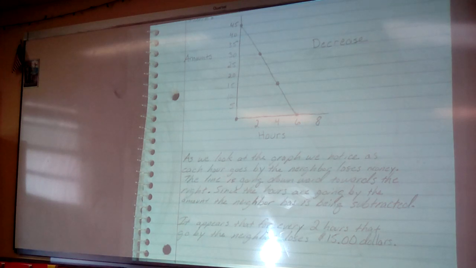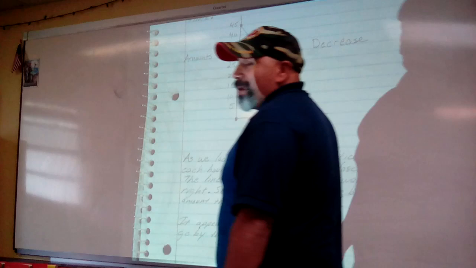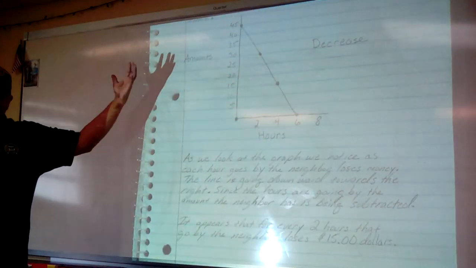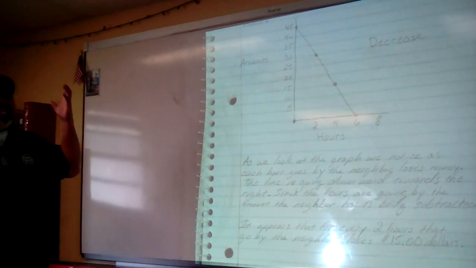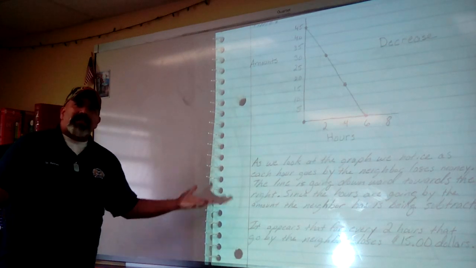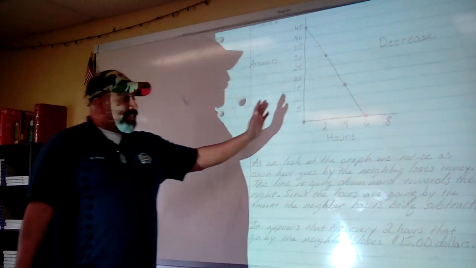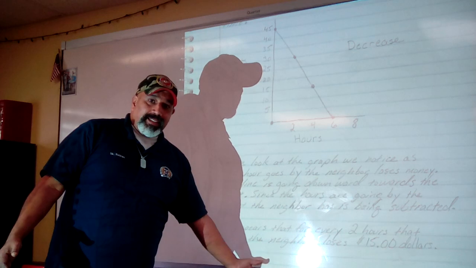As the hours are going by, the amount the neighbor has is subtracted. It appears that for every 2 hours that goes by, the neighbor loses $15. So in this case, instead of having a positive rate of change, this is going to have a negative rate of change. This is decreasing, negative rate of change.